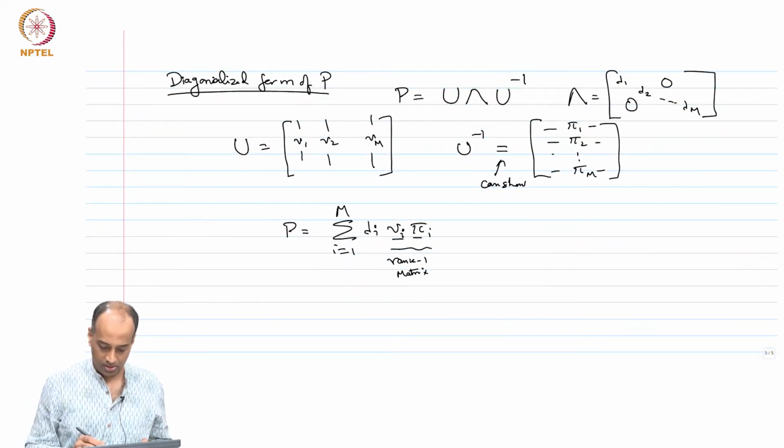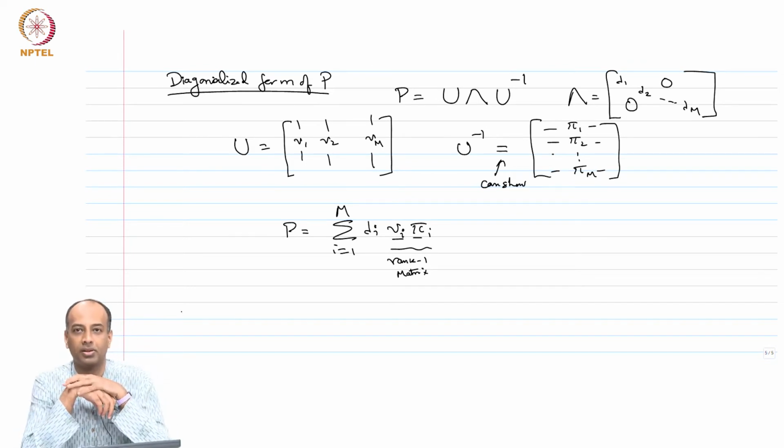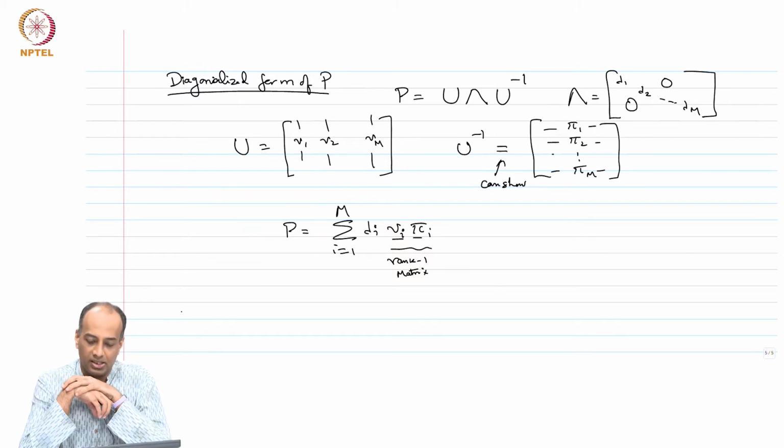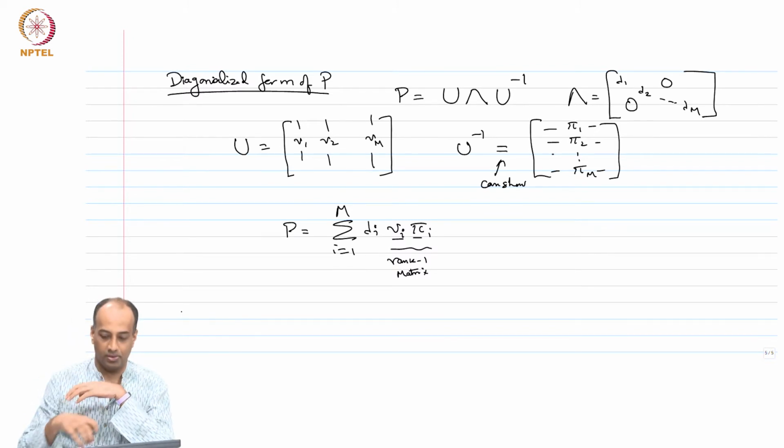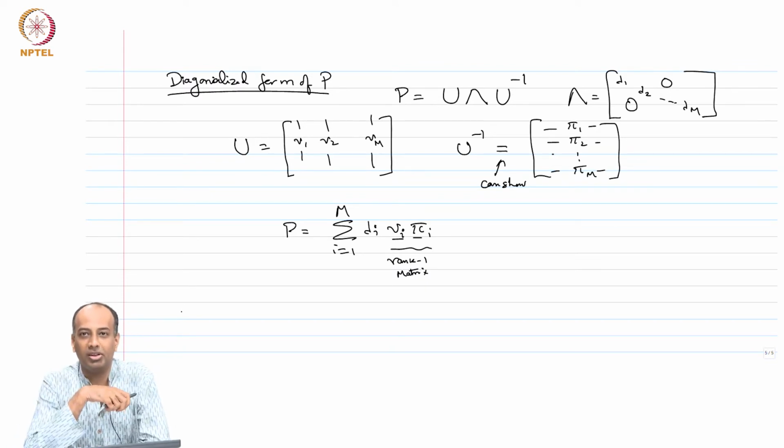Next, how about P power n, right? Can you write a similar spectral decomposition of P power n, all right. Interestingly, the matrix P power n has eigenvalues lambda I power n, where lambda I are the eigenvalues of P, okay. But the eigenvectors will be the same. You can show that P power n nu I will be lambda I power n nu I, and similarly for the left eigenvectors.